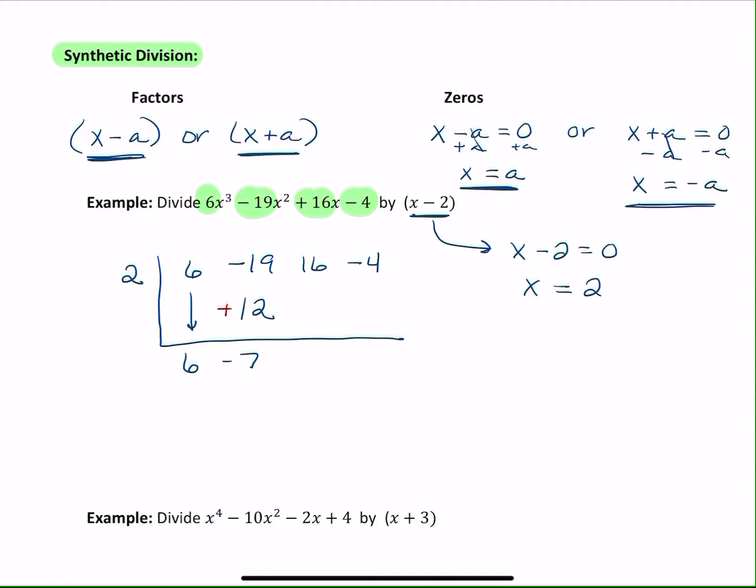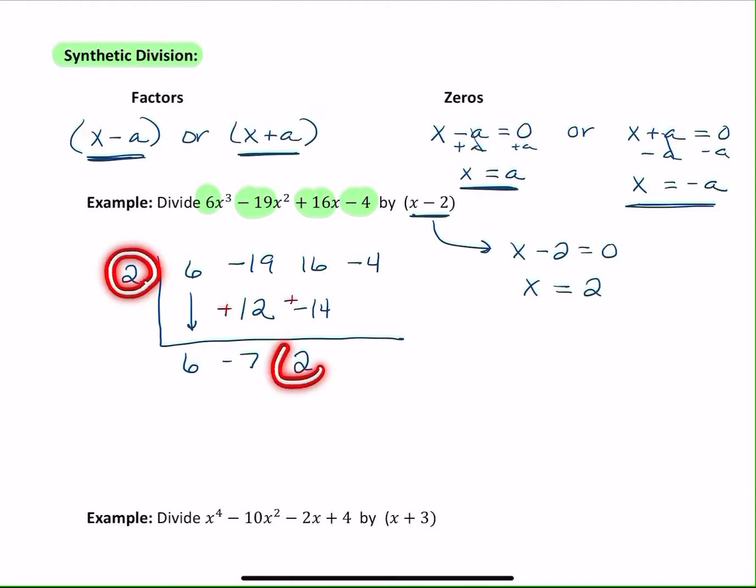And then I'm going to repeat the process. 2 times negative 7, and put that answer right here. So 2 times negative 7 will be negative 14. And then I'm going to add again. So 16 plus a negative 14 will give me 2.